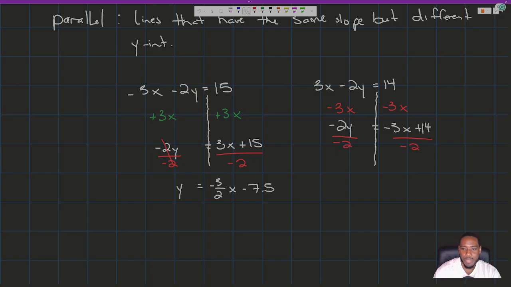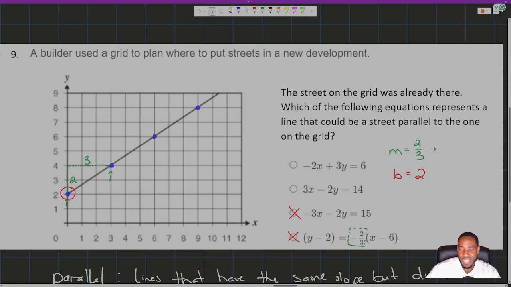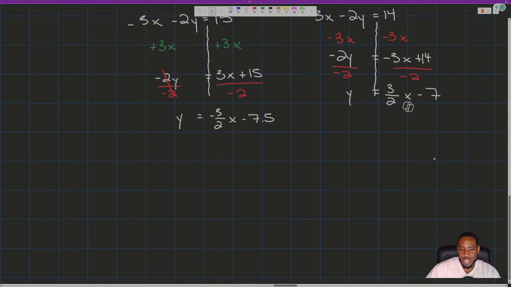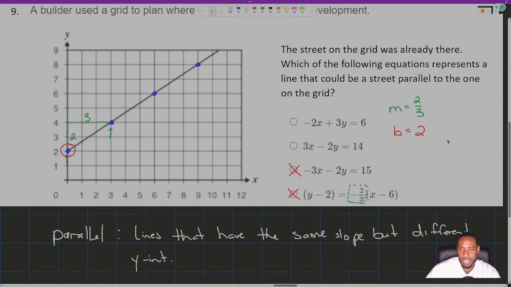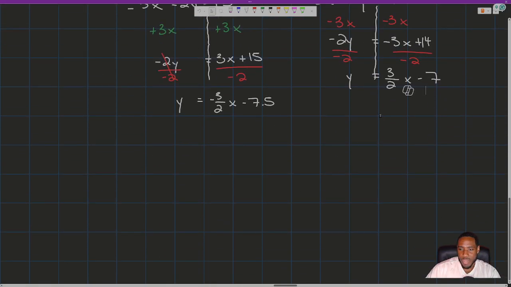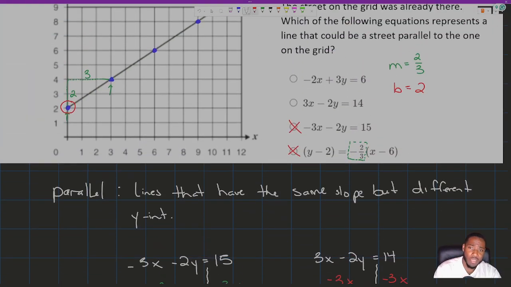We're going to end up with y is equal to negative 3 over negative 2, which is positive 3 over 2x. And 14 divided by negative 2 is negative 7. So again, the problem with this is our equation doesn't quite work because we need a slope of 2 over 3. This is a slope of 3 over 2. So that only leaves answer choice A, which, unless you're trying to trick us, has to be the correct answer.